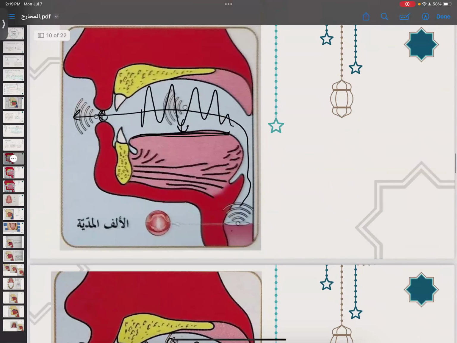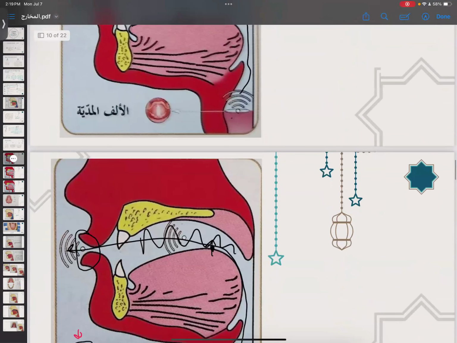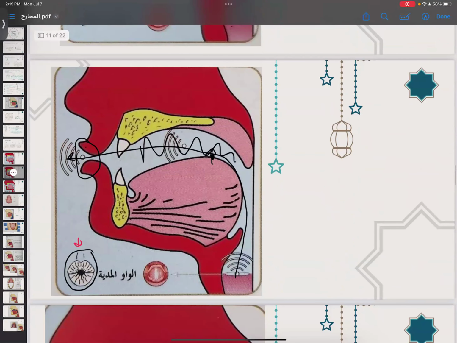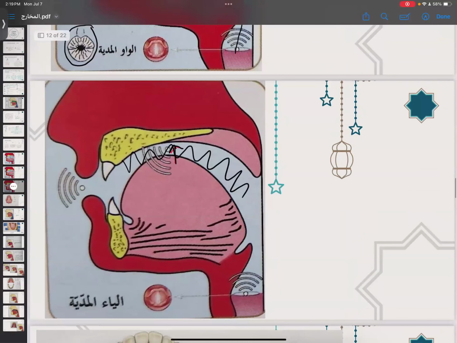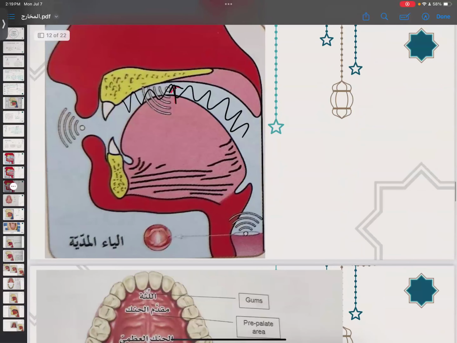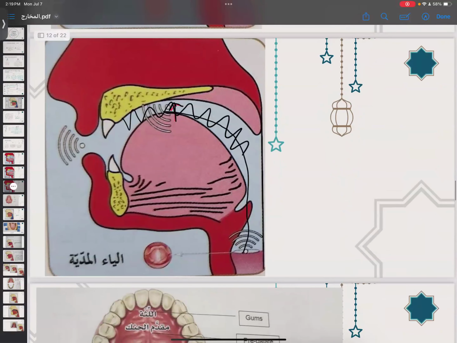For the alif, the lips stay pretty normal. They're not circular at all. For the waw, you change the shape of the lips to be circular, زي دائرة يعني. And then for the ya, the lips are also the same shape pretty much. And all of them start at the halq and come out of the mouth.